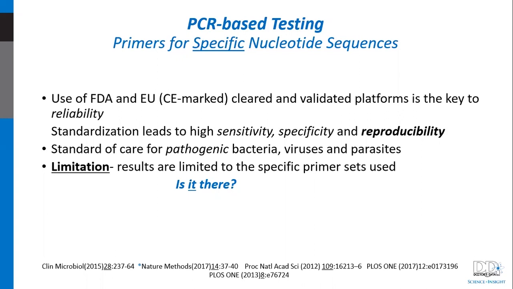So it asks, is it there, as opposed to what is there? Now, having said that, there have been extensively expanded primer sets. And one such example has been used in a very novel approach to looking at the gastrointestinal microbiota.